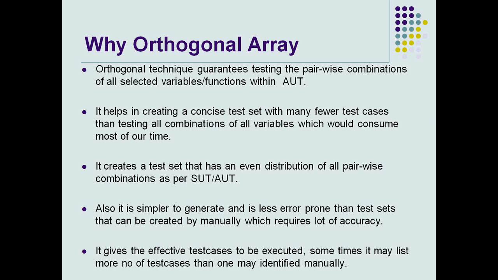So why orthogonal array? This orthogonal array technique helps us to test the pairwise combinations of all the selected parameters. Normally during testing, it is observed that when you test your test data individually, you don't see any errors, but when you combine certain test data parameters and test the application, you get some errors.